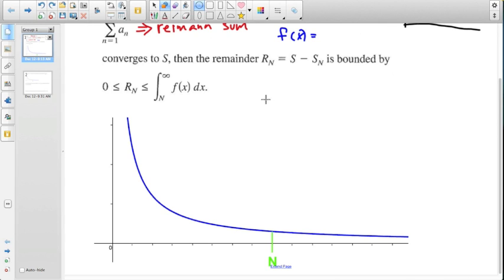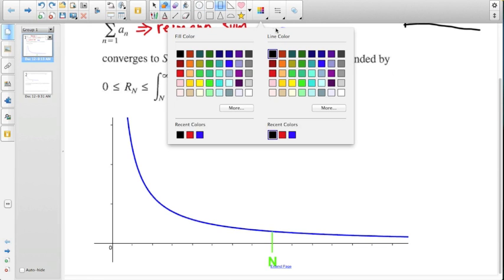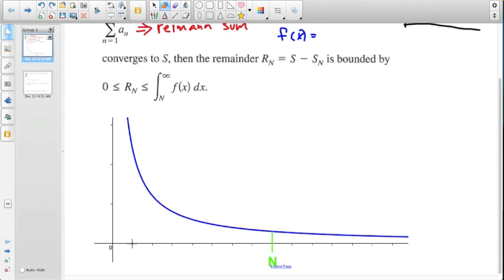And if we approximate sums of series, that is a lot like saying, well, I'm going to look at this right Riemann sum.